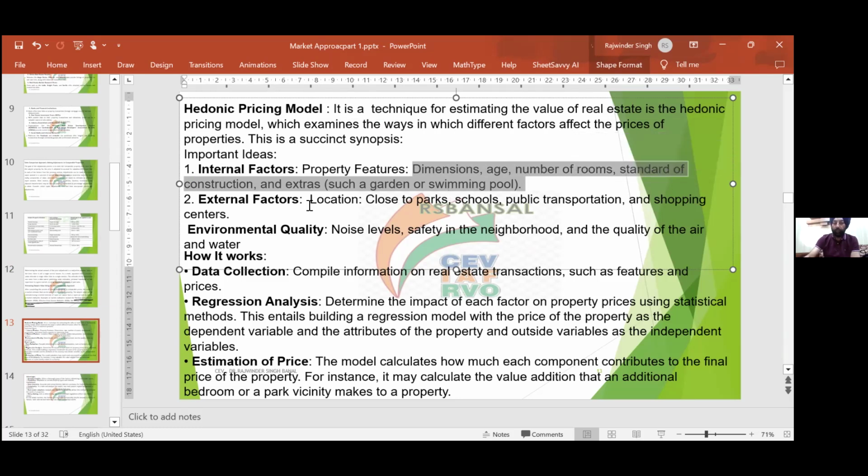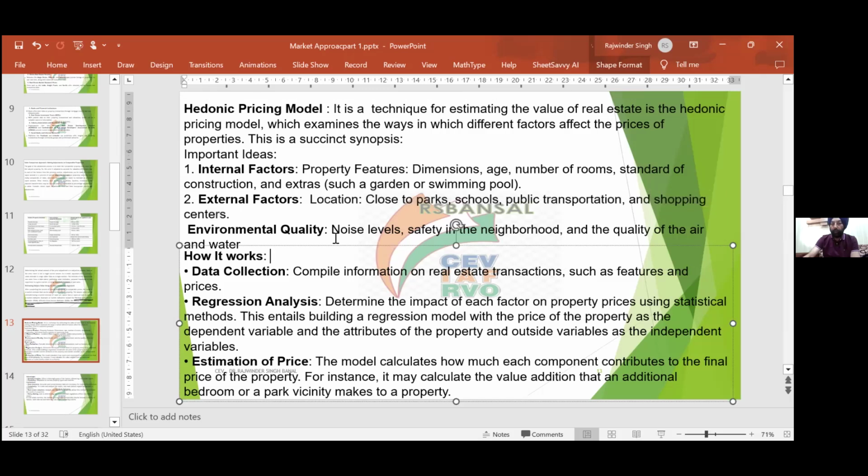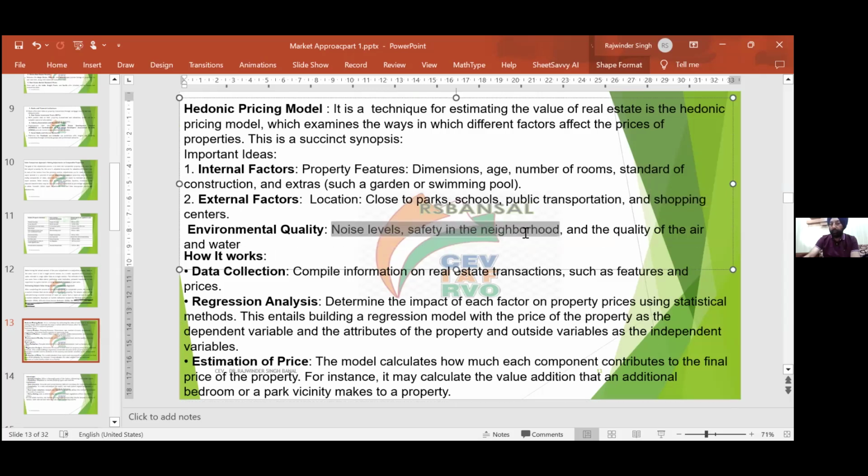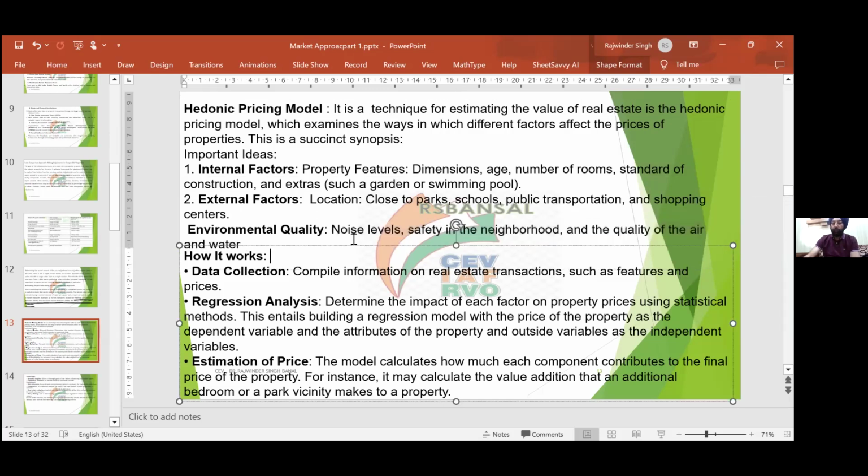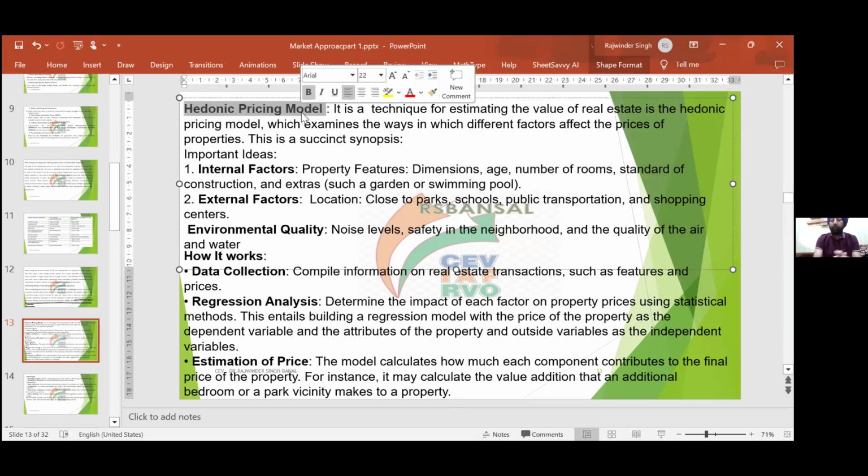Then external factors: location close to park, school, public transportation, and shopping centers. Then environmental quality, noise level, safety in neighborhood, and the quality of air and water. So basically, the hedonic price model is used by multinational companies.